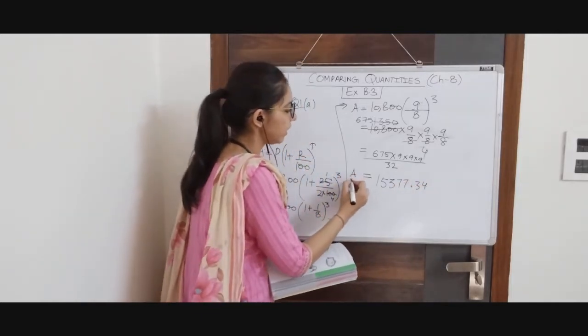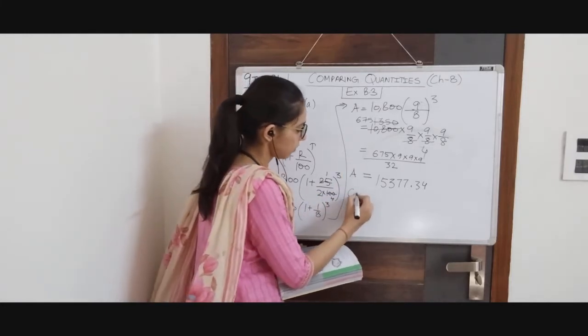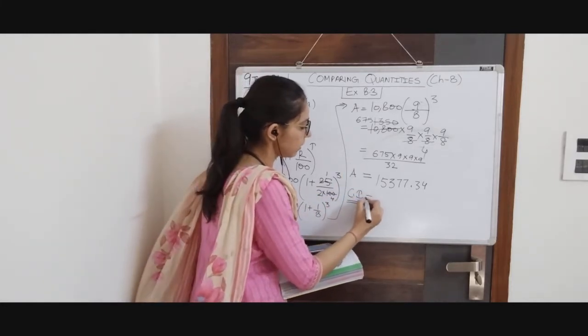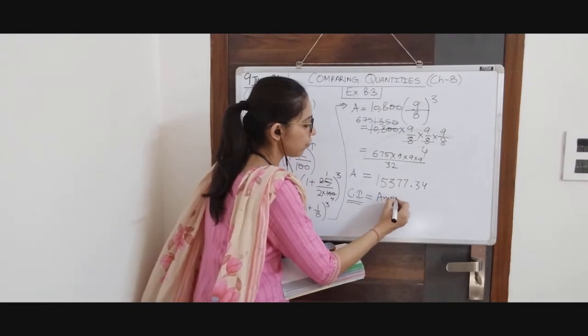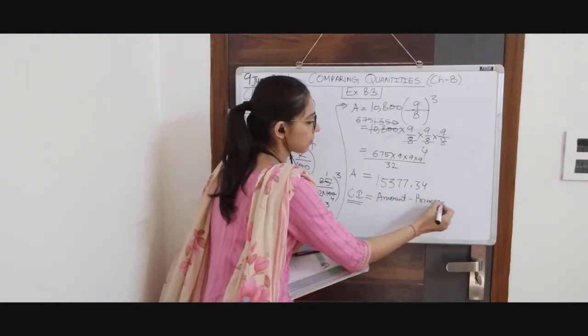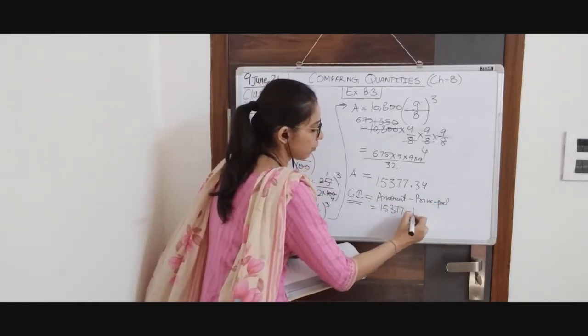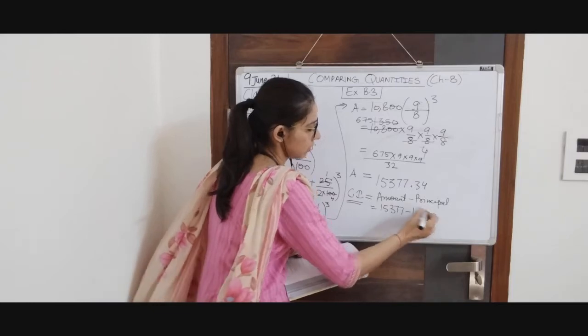We won't leave here, we have to calculate our compound interest also, and compound interest is equal to amount minus principal. Your amount is 15,377. Your principal was this much.